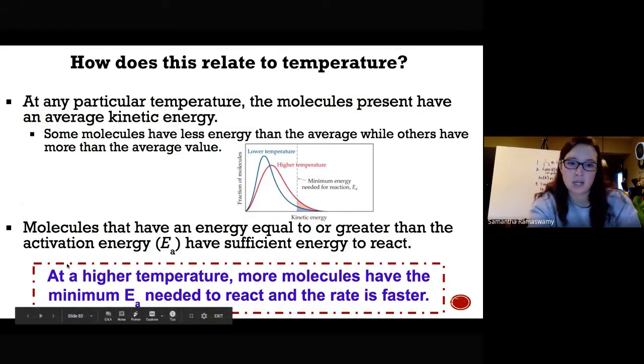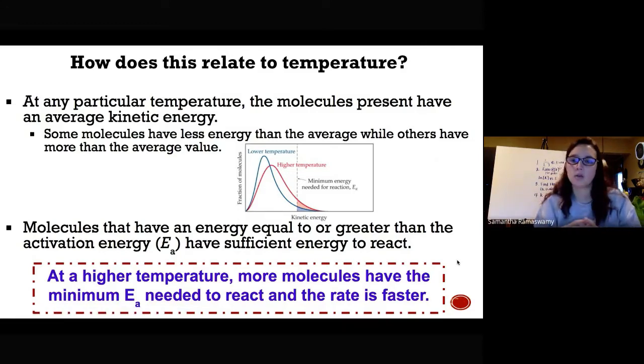I'm trying to put the important things in these boxes on the slides. So at a higher temperature, more molecules have the energy needed to react, and so the rate is faster. All right, at a higher temperature, more molecules have the minimum energy. They're able to meet the activation energy, and so the rate is faster.